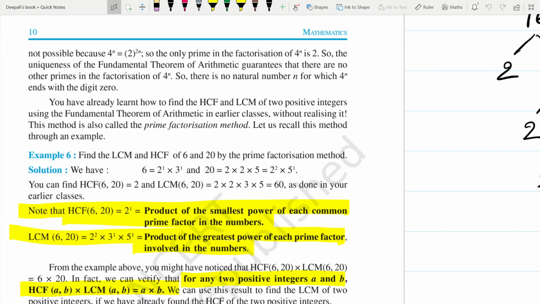Here is one more method to find HCF. HCF is the product of the smallest power of each common prime factor in the numbers, and LCM is the product of the greatest power of each prime factor involved in the numbers.